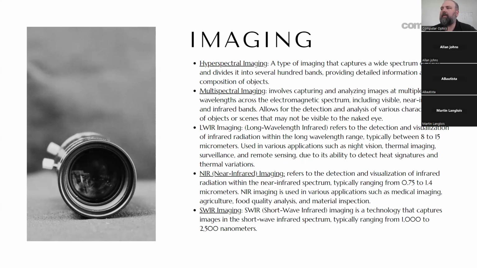And then near infrared imaging, that's detection and visualization of infrared radiation within a long wavelength, typical 8 to 15. Use various applications such as night vision, thermal imaging, surveillance, remote sensing, and due to its ability to detect heat signatures and thermal variations.